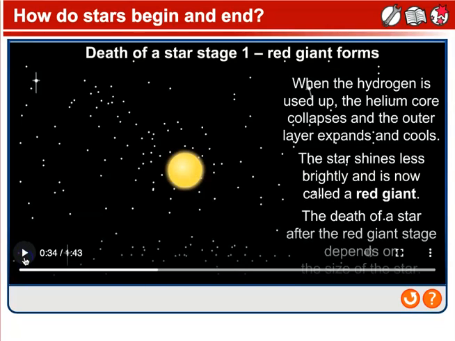When the hydrogen is used up, the helium core collapses and the outer layer expands and cools. The star shines less brightly and is now called a red giant. The death of a star after the red giant stage depends on the size of the star.